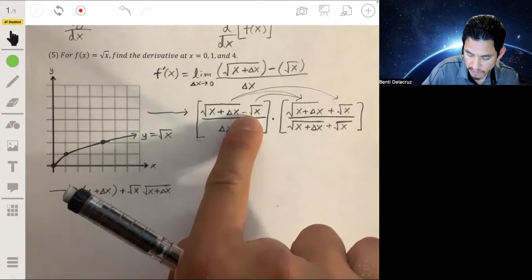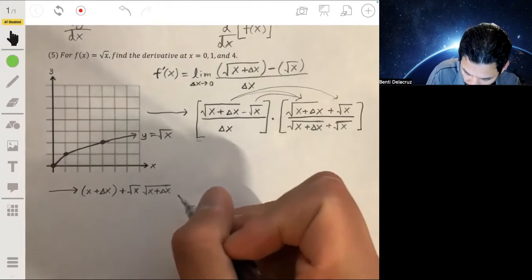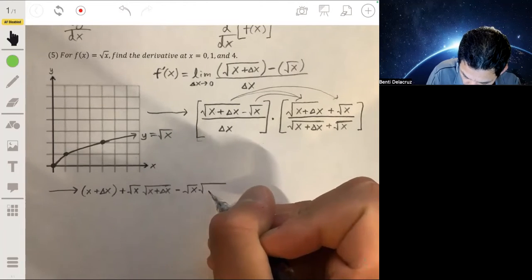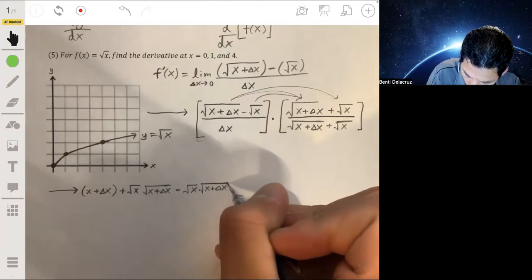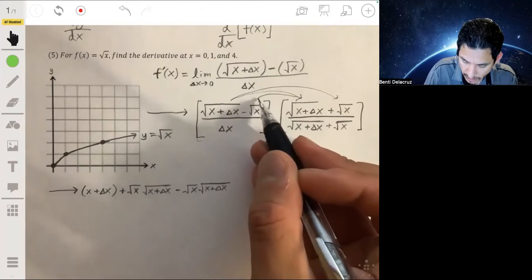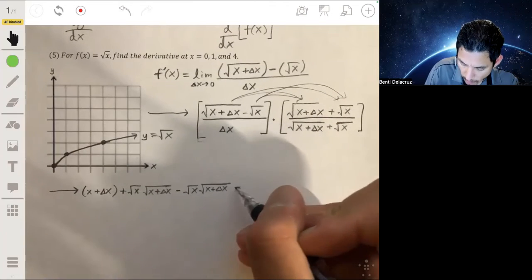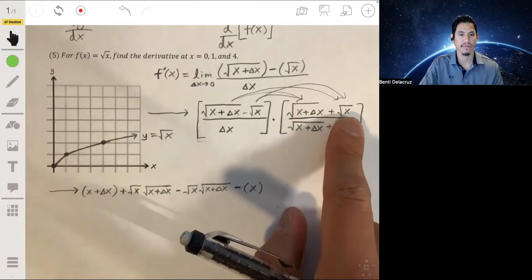Then we multiply the minus square root of x times the square root of x plus delta x, so that's negative square root of x times x plus delta x. And then the last one is just minus x, because the square root operation cancels.